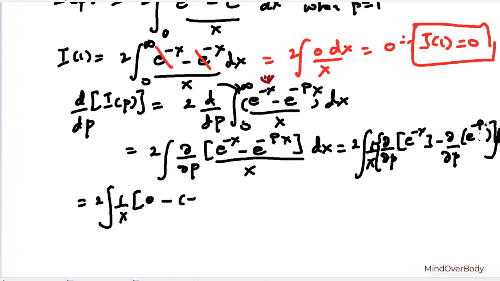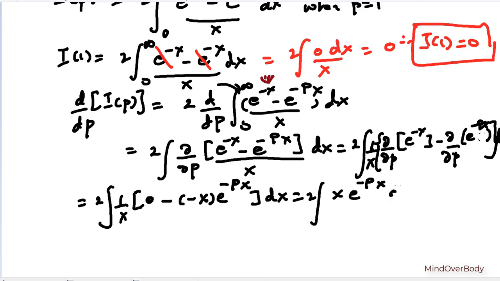If I differentiate that, the coefficient of p is negative x, so negative x comes over there, followed by the e raised to the power of negative px times dx. Now this is equal to 2 times the integral; negative is positive, so x times e raised to the power of negative p times x times dx. There is an x in the denominator, so place that.